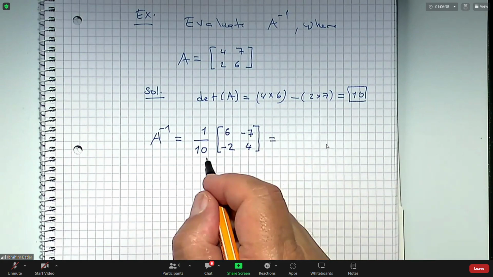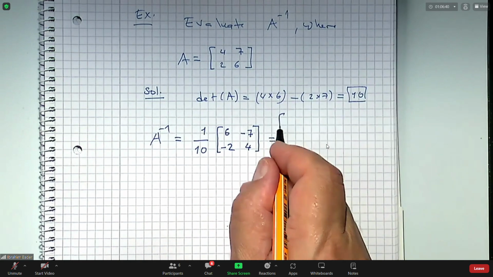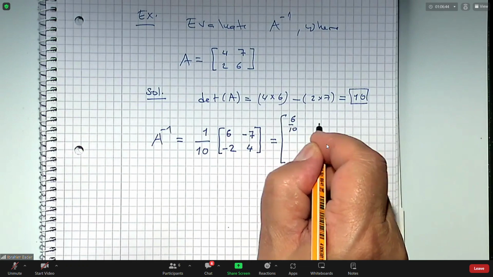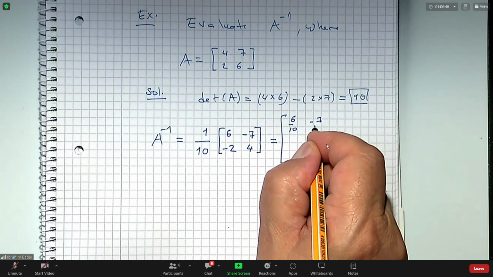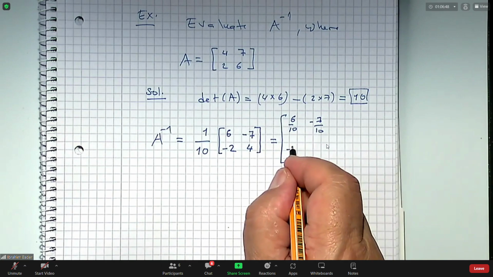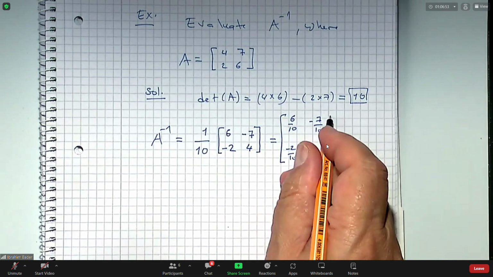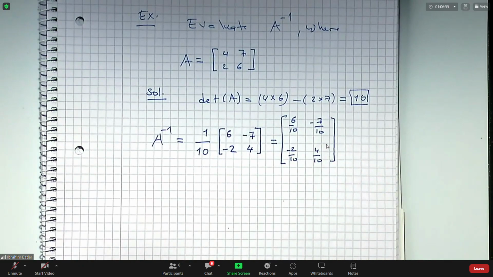Now here, if you like, you can just write it as a fraction. It's 6 over 10, -7 over 10, -2 over 10, 4 over 10. Okay, you remember the rule here, you need to expand all.